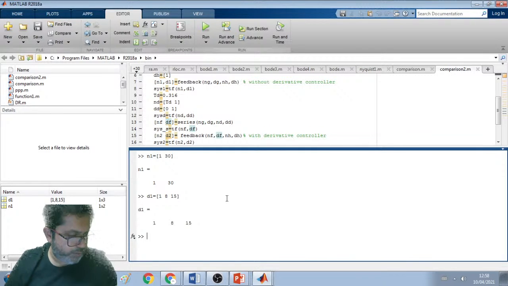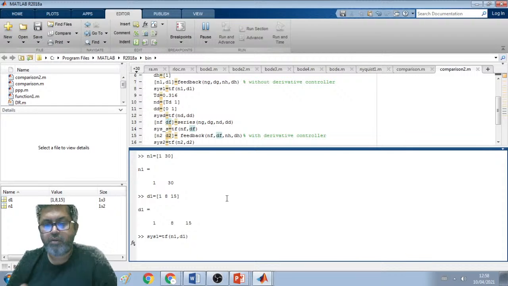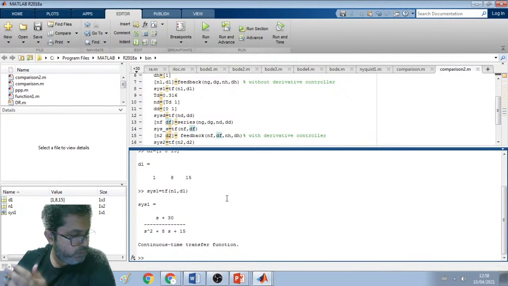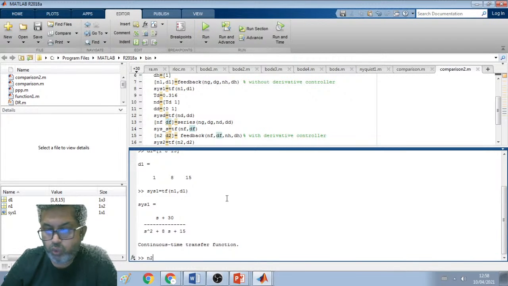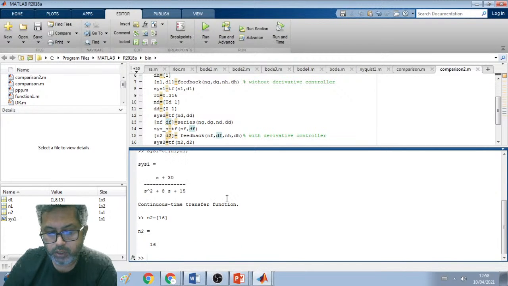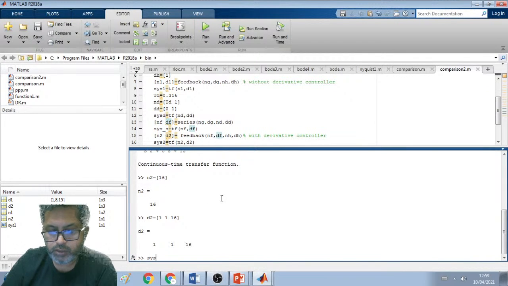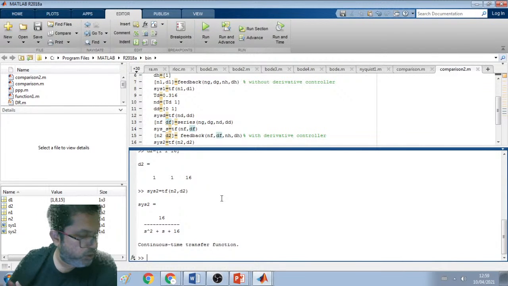This is our D1. sys1 is equal to transfer function n1 comma d1. n2 is equal to 1 6. d2 is equal to 1 1 16. sys2 is equal to transfer function n2 comma d2. Okay, so this is your transfer function.